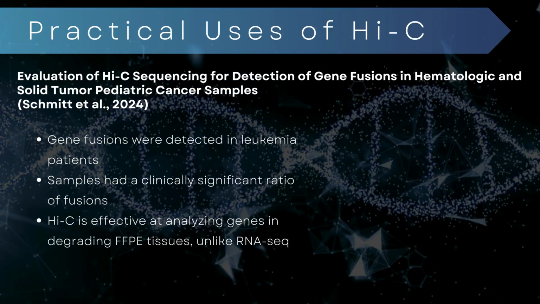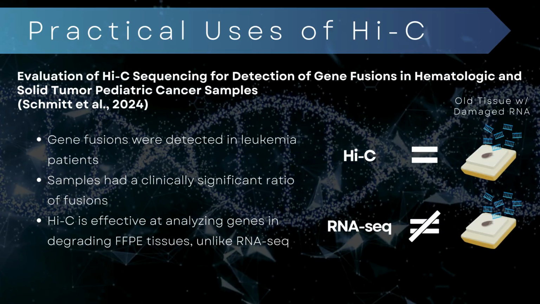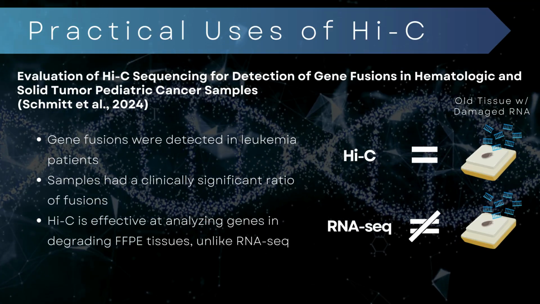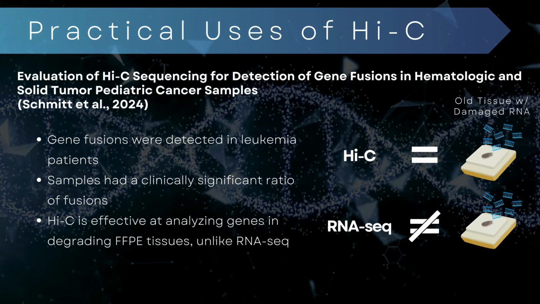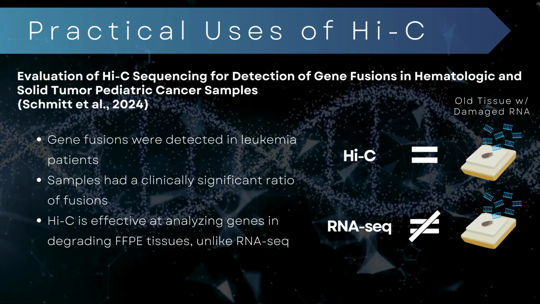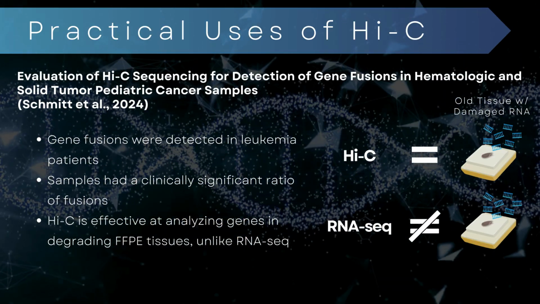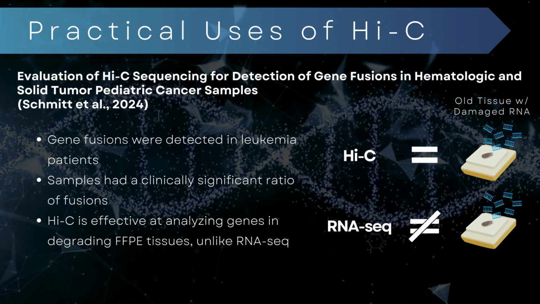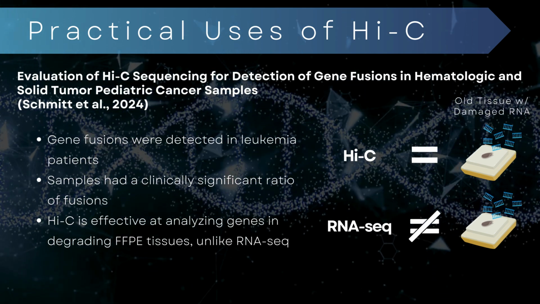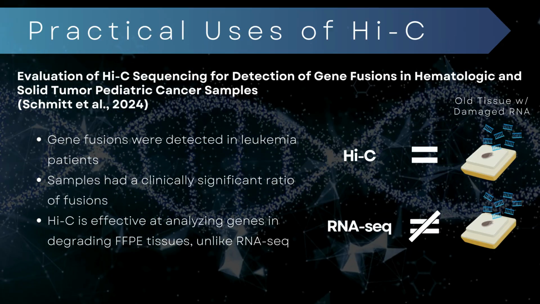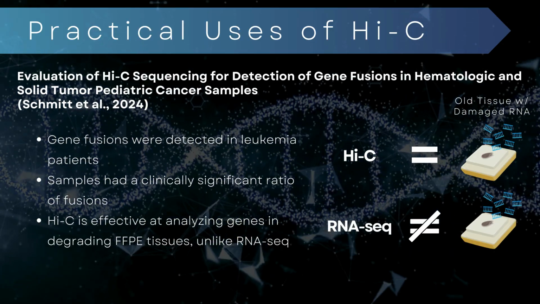They also determined that Hi-C provides a unique benefit in that it is useful in analyzing formalin-fixed, paraffin-embedded solid tissue that has been archived for 9 to 13 years. Typical RNA-seq methods perform poorly on such tissue due to the RNA degradation in tissue stored for prolonged periods of time.